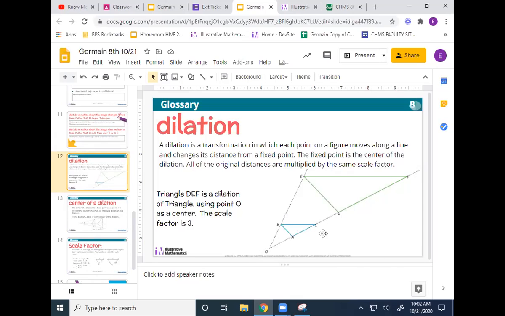So we're looking at shape ABC, right? And we said that we dilated it by a scale factor of 3. What can we say that proves that yes, we could have in fact dilated it by a scale factor of 3? What happened to the shape from the first one to the second one?